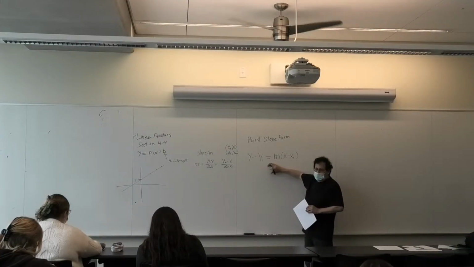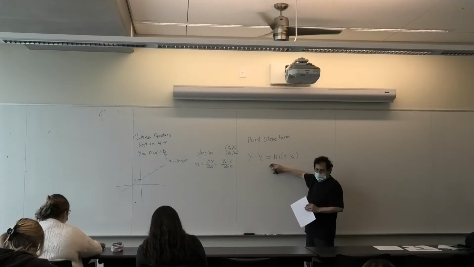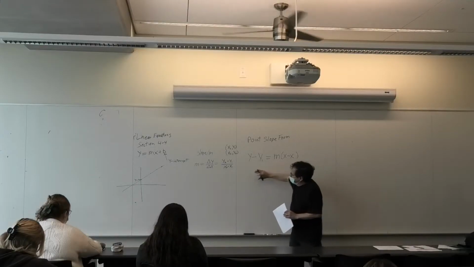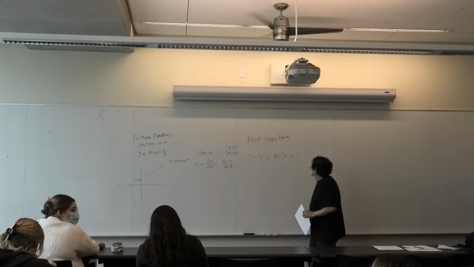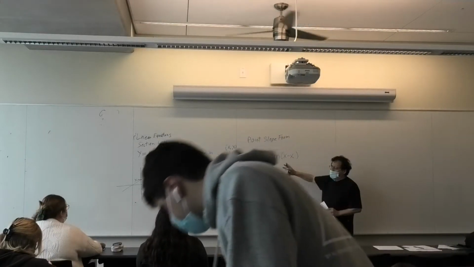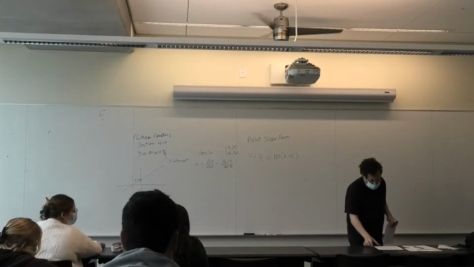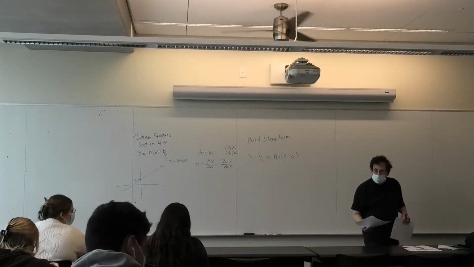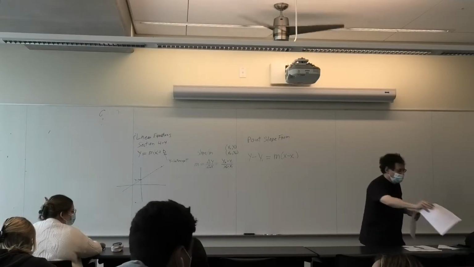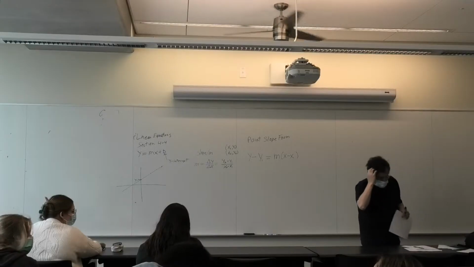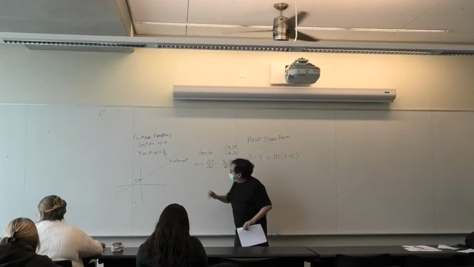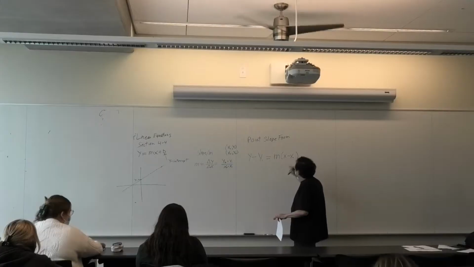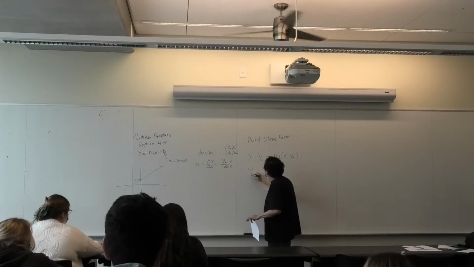Now, I'm going to make this plausible. Why is this equivalent to this? Well, I'm just going to do a little work to make this look a little like this. I'm going to add y1 to both sides.